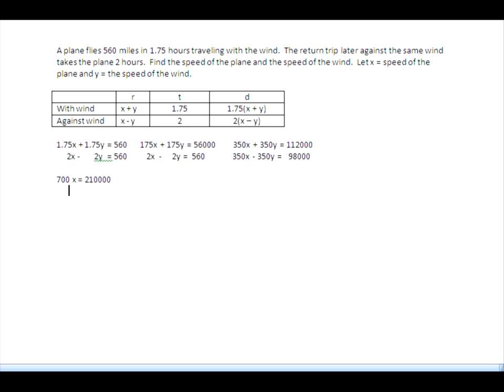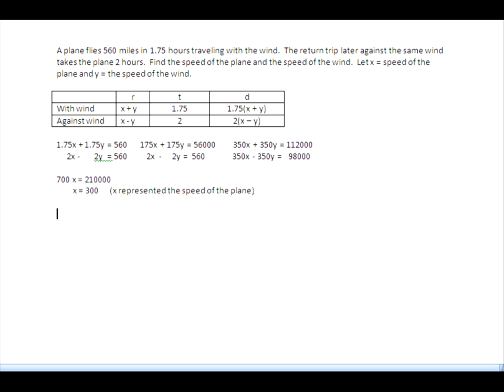And we'll finally divide both sides by 700, and we'll get that x is equal to 300. Okay, and so we need to remember that x represented the speed of the plane.